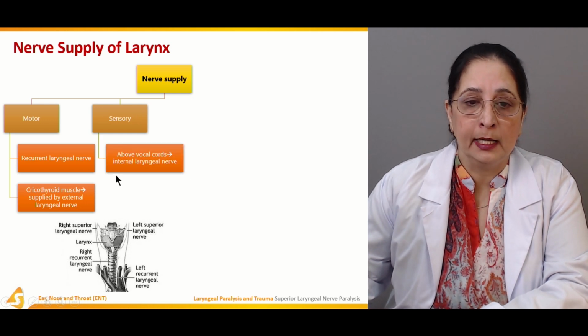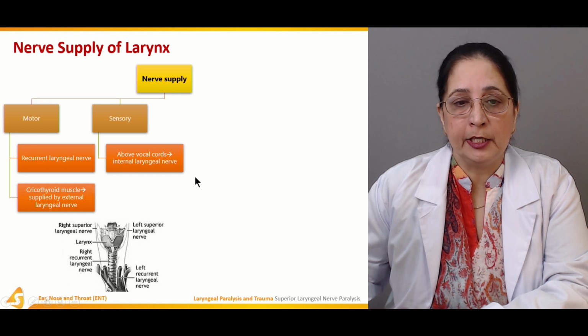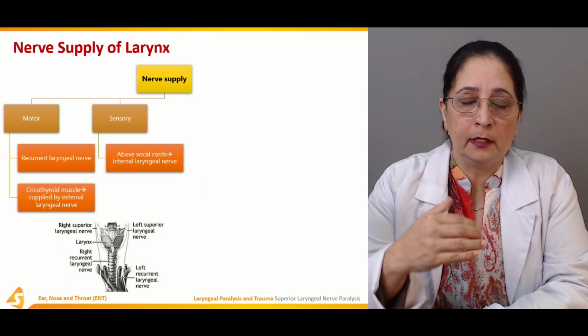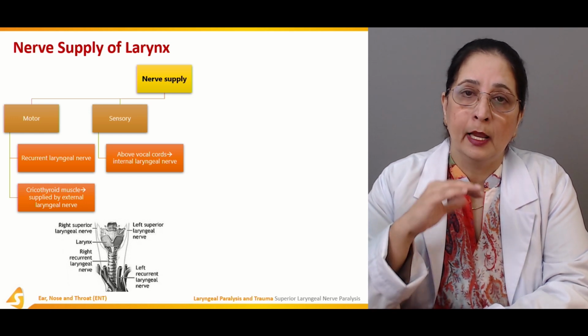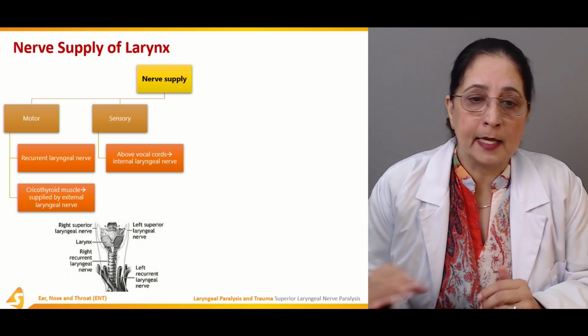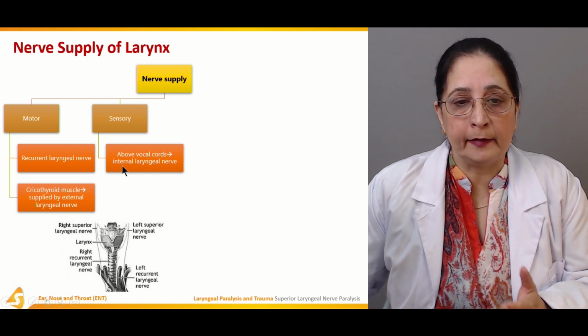Sensory function is above the vocal cords, internal laryngeal nerve. So the external laryngeal nerve is mainly responsible for the motor function, and it supplies the cricothyroid muscle, whereas the sensory function is by the internal laryngeal nerve.